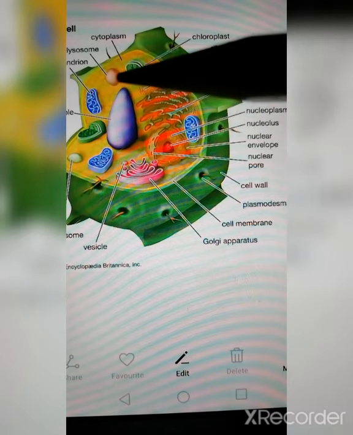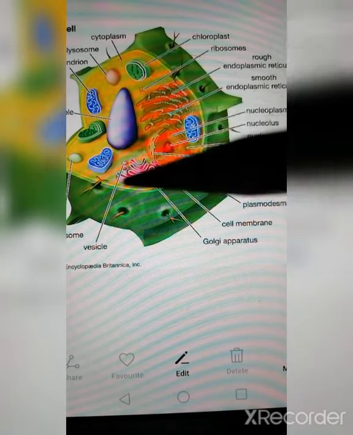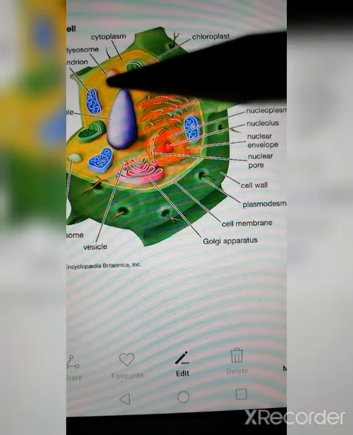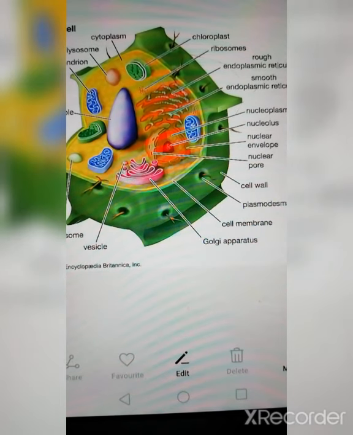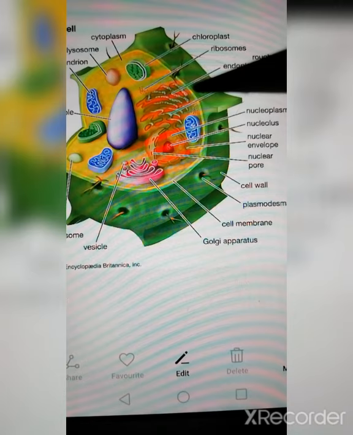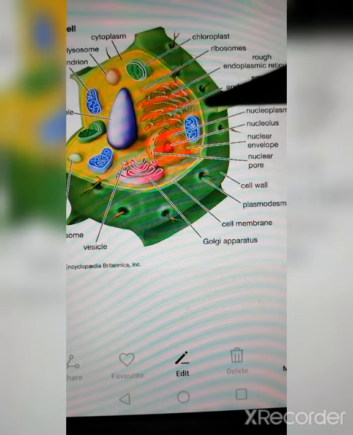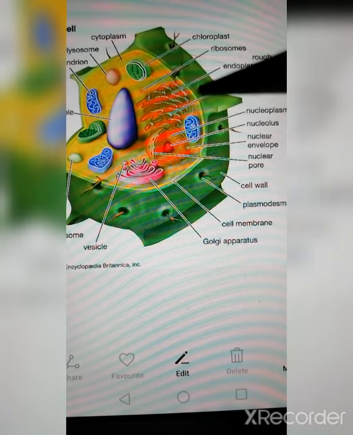Cytoplasm is the liquid substance in a cell. All these parts are floating in the liquid, which is known as cytoplasm. The cell membrane can be observed only with the help of an electron microscope. It is generally flexible, and it is mainly made with the help of different kinds of lipids and proteins.